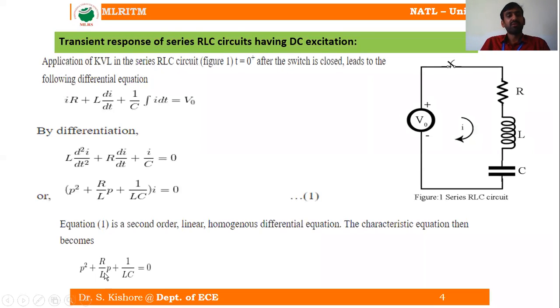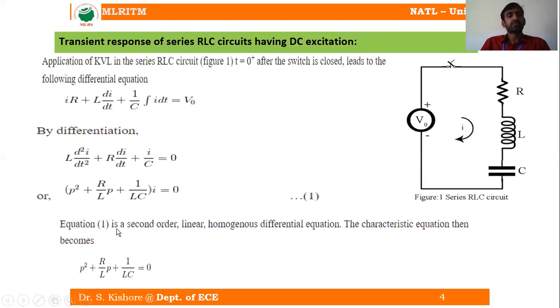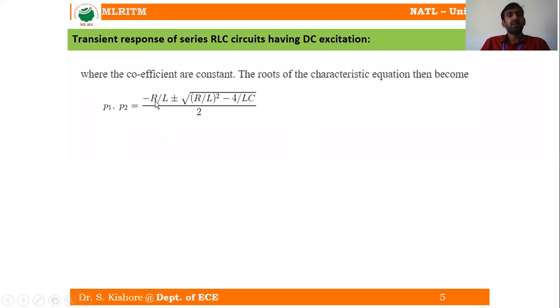So in this equation, what is b? R by L is your b. So minus b, minus R by L, plus or minus square root of b square, R by L whole square, minus 4 into AC.